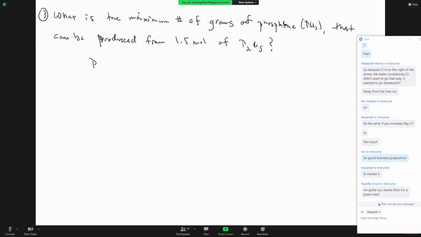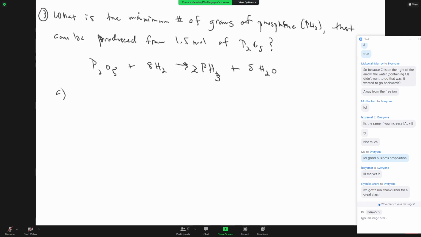The chemical reaction is P2O5 plus 8 hydrogen molecules creates 2 moles of phosphine and 5 moles of water.